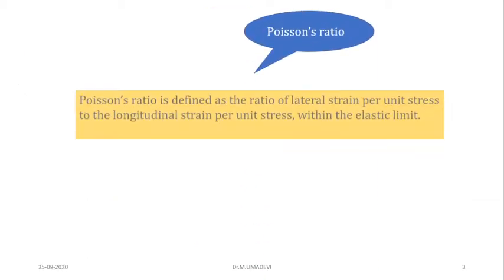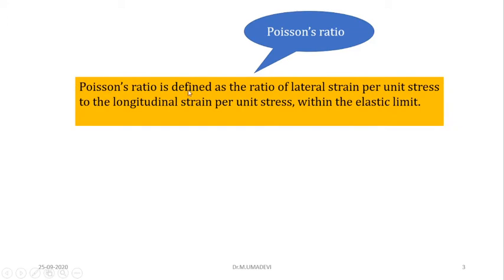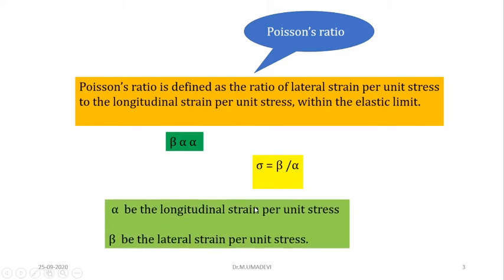First one, Poisson's ratio. The Poisson's ratio is defined as the ratio of lateral strain per unit stress, that is beta, to the longitudinal strain per unit stress, that is alpha, within the elastic limit. So beta is directly proportional to alpha, or you can write it as sigma is equal to beta divided by alpha.